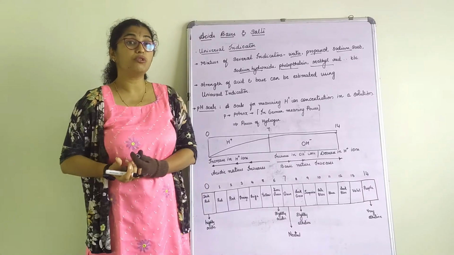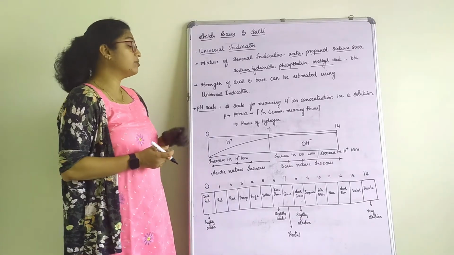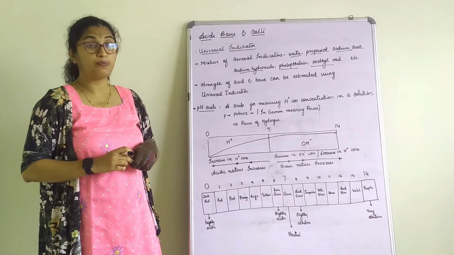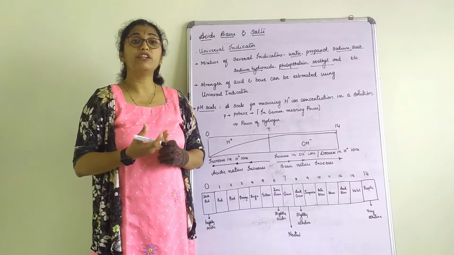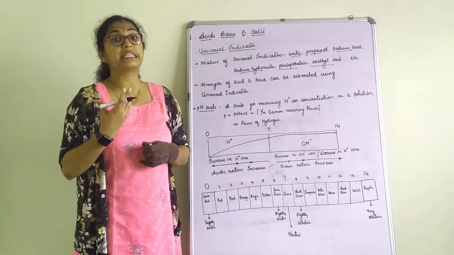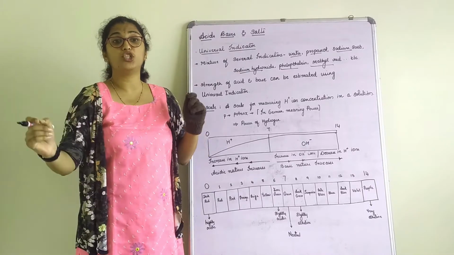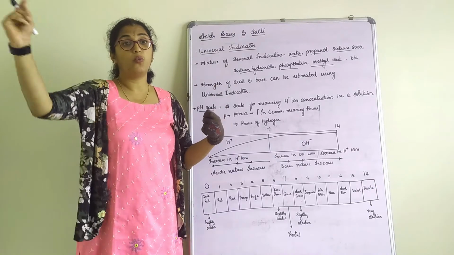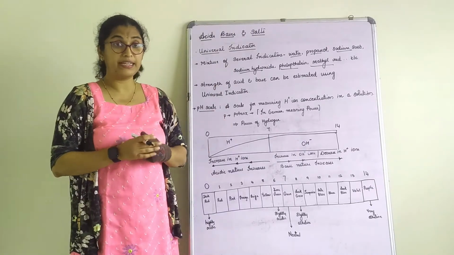So what is this universal indicator? It is nothing but a pH scale. What do you mean by a scale? A scale has a measurement, like a 15 centimeter scale with measurements from 1 to 15 centimeters.